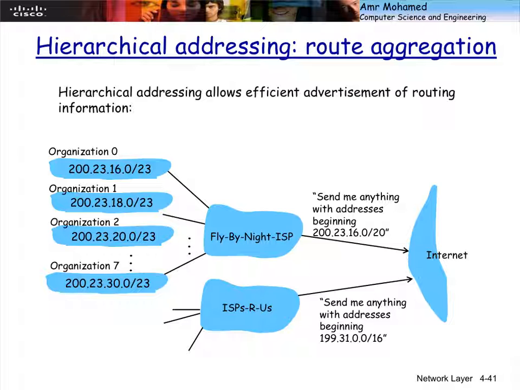There is another very important concept which is probably not covered in 455 or any introductory course. The way that we allocate the IP address is hierarchical, in the sense that not only do we do address allocation, but we can use the concept of route aggregation, or sometimes they call it route summarization.